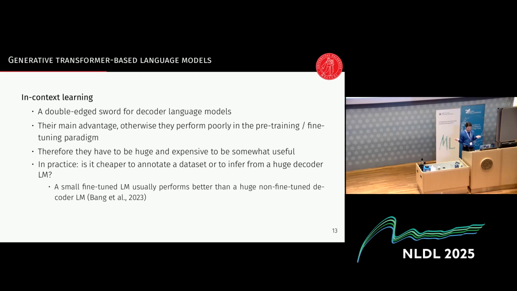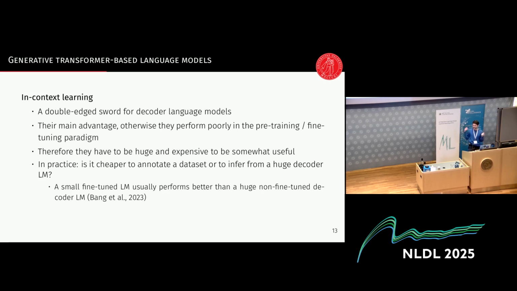It's very good that now we can use these decoder language models to solve tasks without having to annotate any data. But it's a double-edged sword, because yes, these decoder-only language models are very good at this, but they are not very good at anything else. They have to be very big to be good at this, and it's very expensive to train these models, unfortunately.